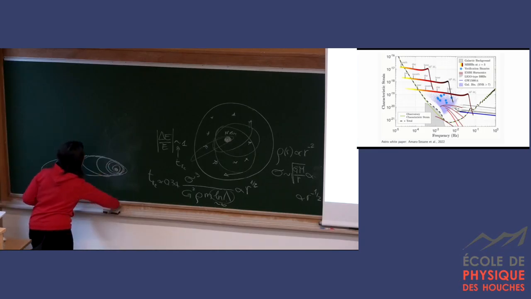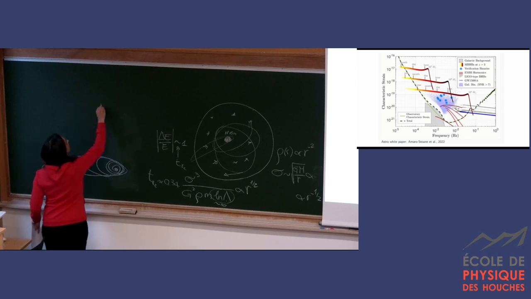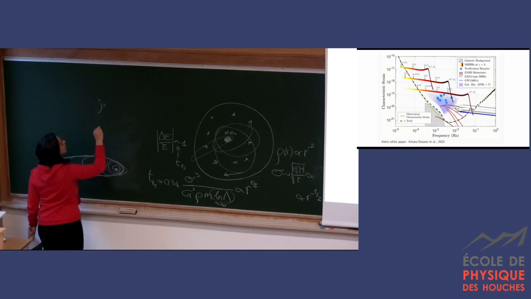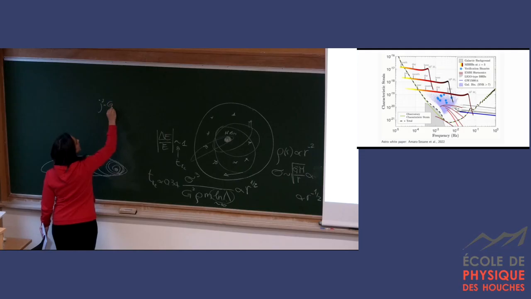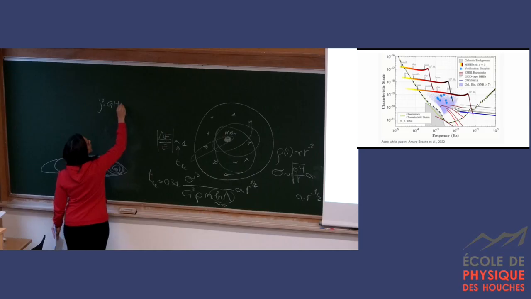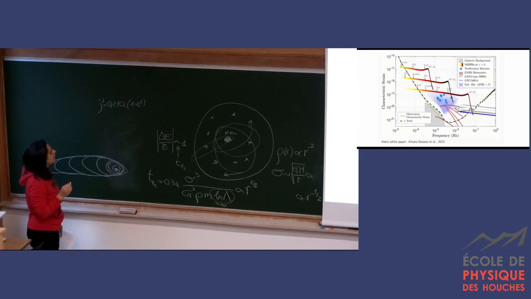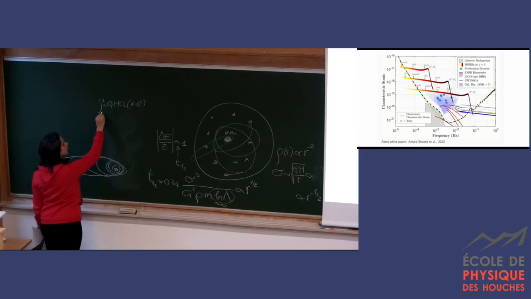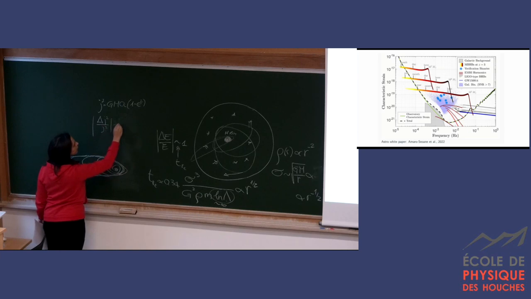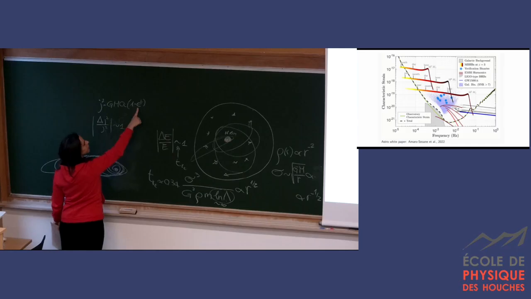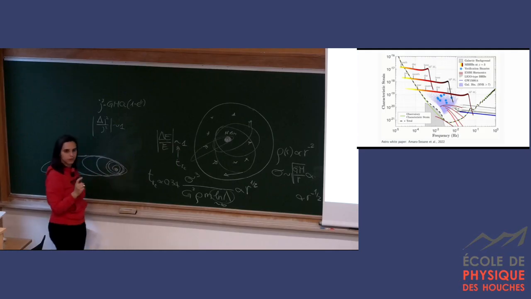Well, if we write down J squared, this is the angular momentum per unit mass squared of a typical star in the system: G, mass of the black hole, times the semi-major axis, times 1 minus the eccentricity squared. Okay? And if you want to change the angular momentum of this star by an amount of the order of itself, so delta J squared divided by J squared is nearly equal to 1, well, if the eccentricity is near 0, the time we need is very close to the relaxation time.